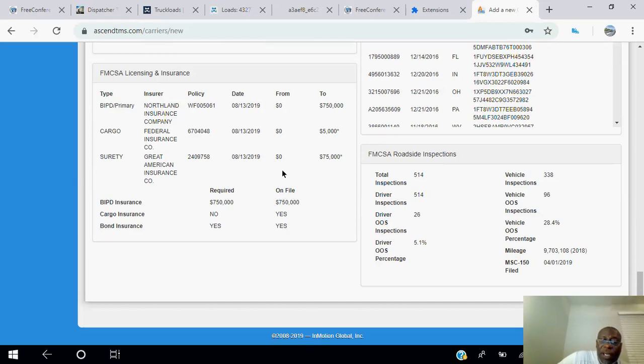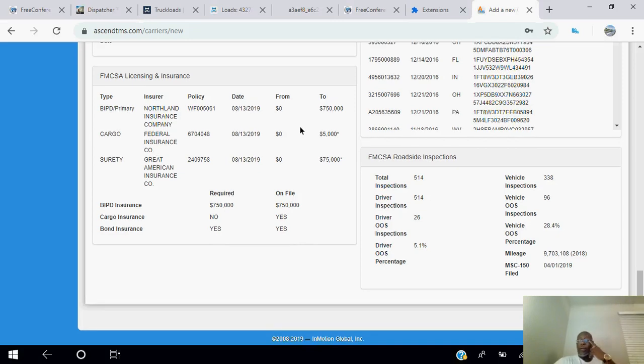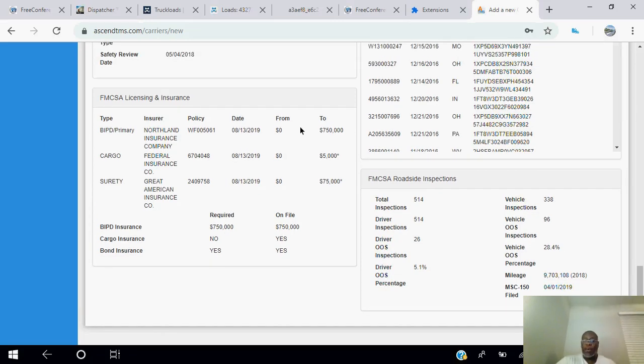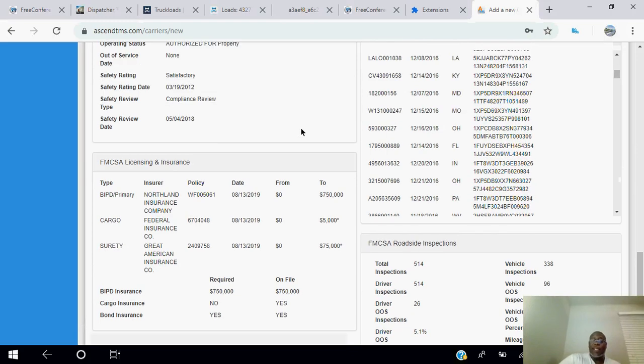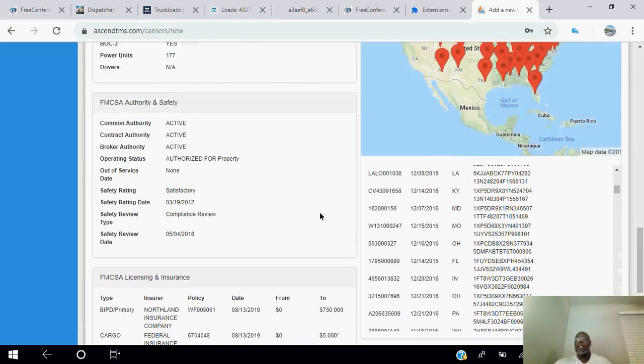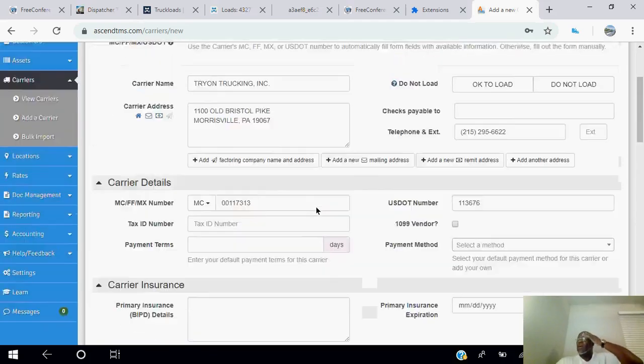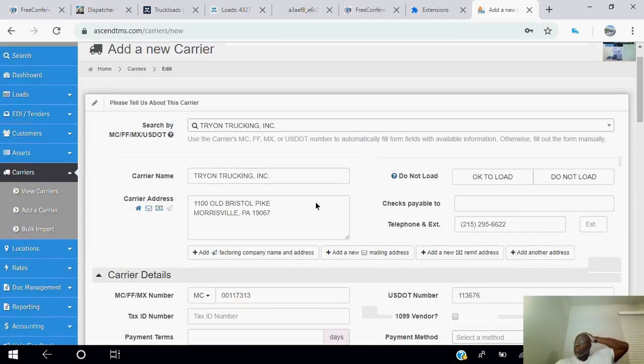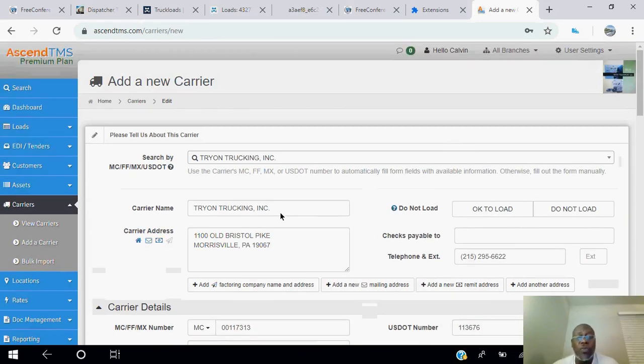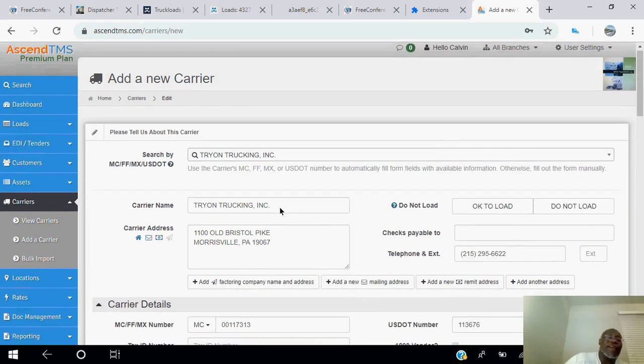Okay, his cargo insurance $5,000, his surety bond $75,000, and his $750,000. So this actual carrier is more than good to go. He's got a bond, insurance, everything. Okay? So chances are that broker's going to come back and say, "Oh, okay, yeah, he's good to go. We're going to shoot you over the confirmation rate sheet."